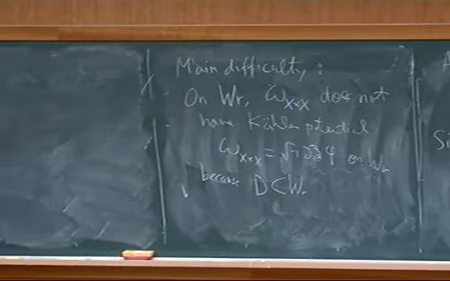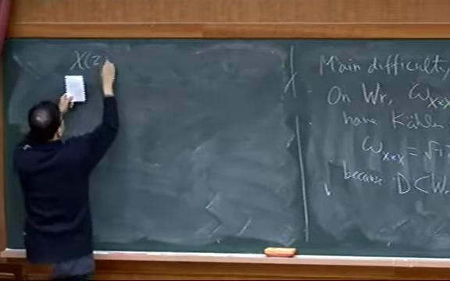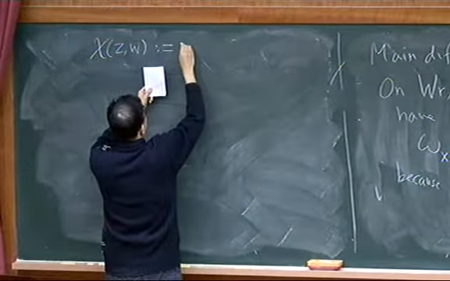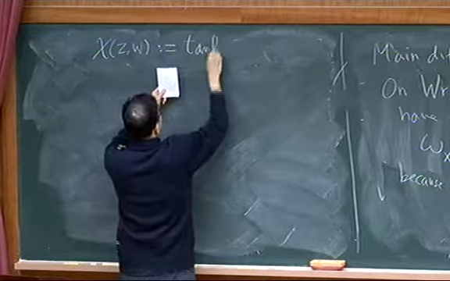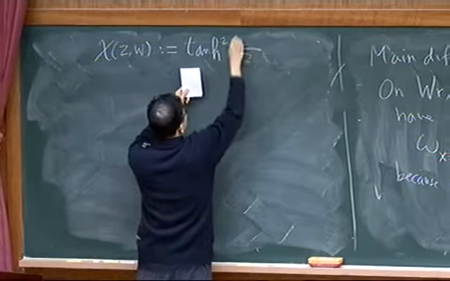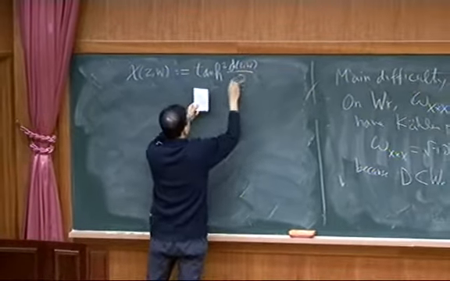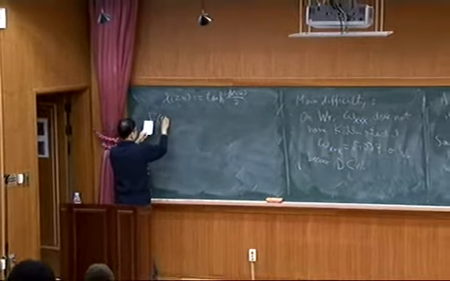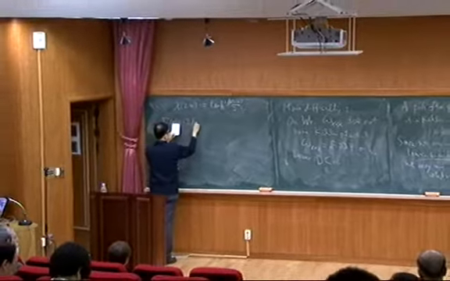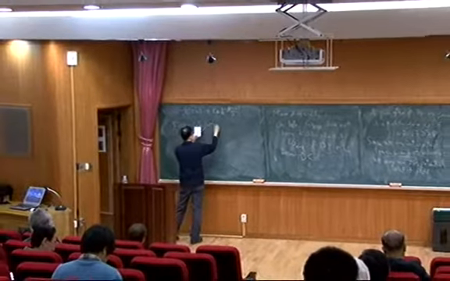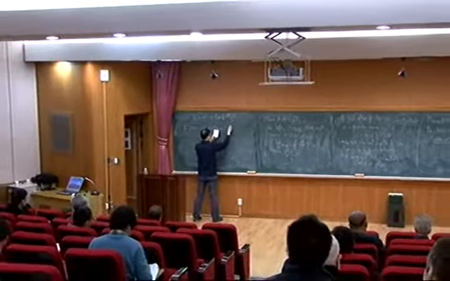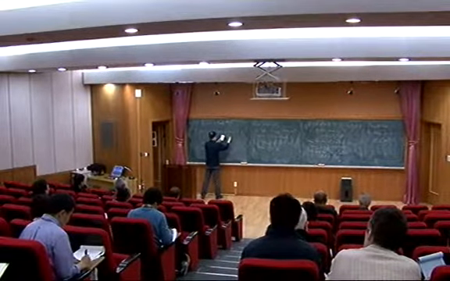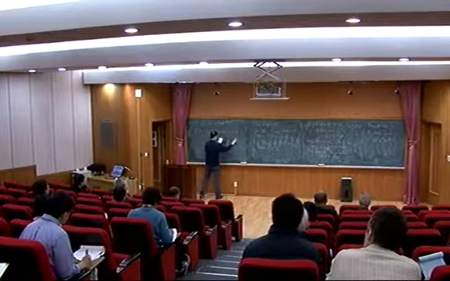So let's define chi of GW. This is tangent hyperbolic. And then Ft. This constant is some normalization.